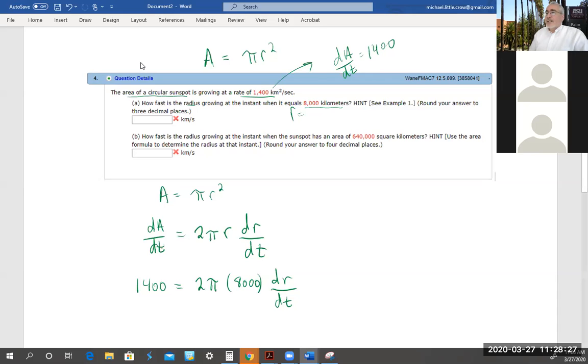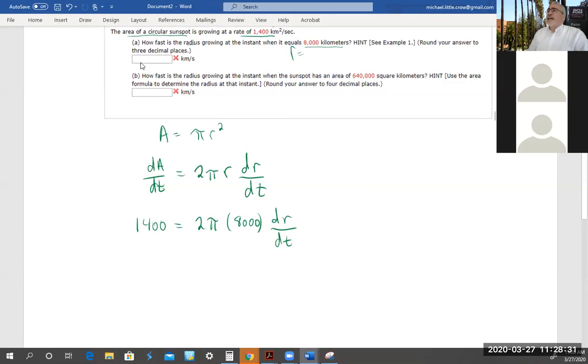This is going to be 1400, 8,000, okay. This will be 16,000 pi. So divide both sides by 16,000 pi.